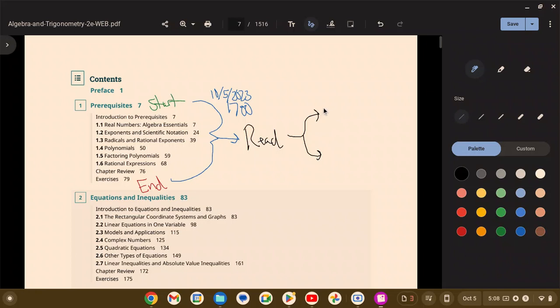And then I'm going to have write, and so let's speak, write, type.